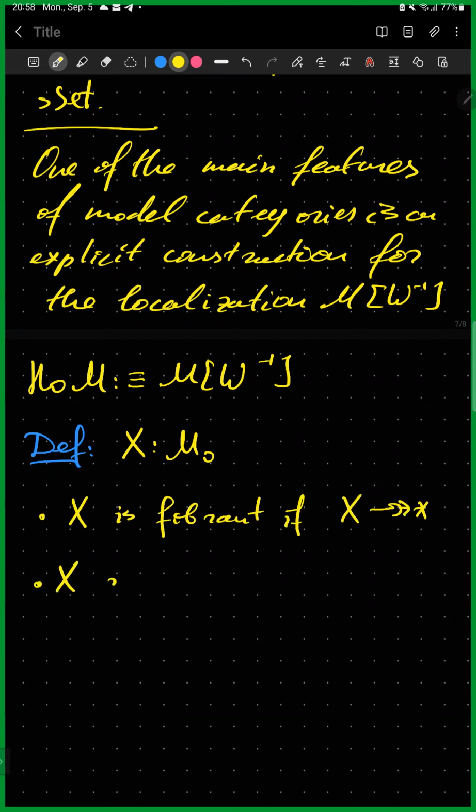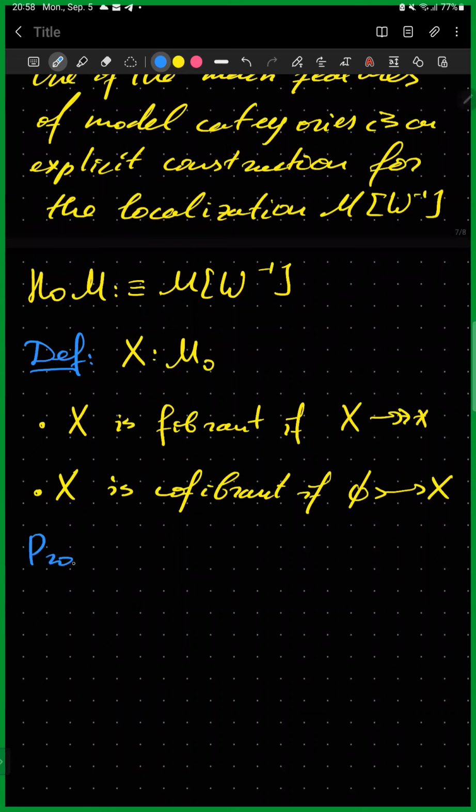And X is cofibrant if the map from the initial object to X is a cofibration. Now we have, well, this should be some kind of proposition, which I will not prove today.